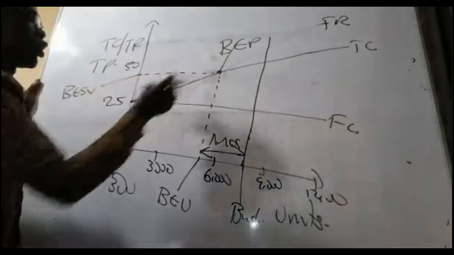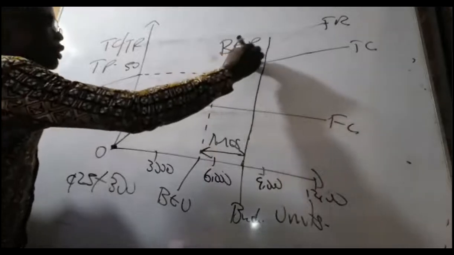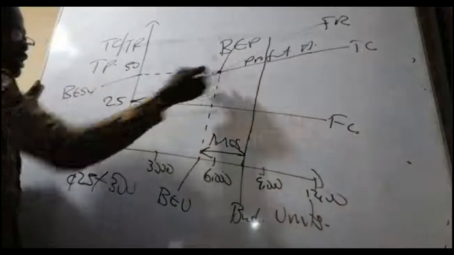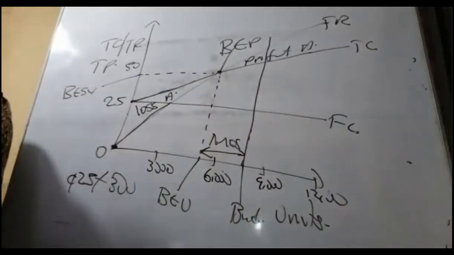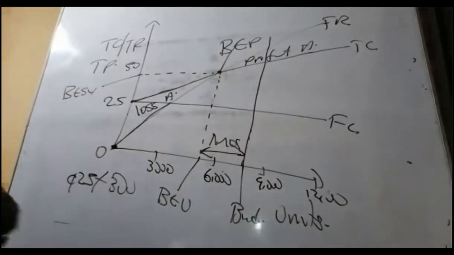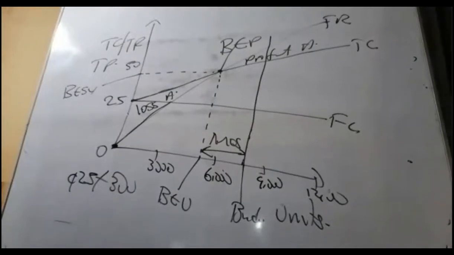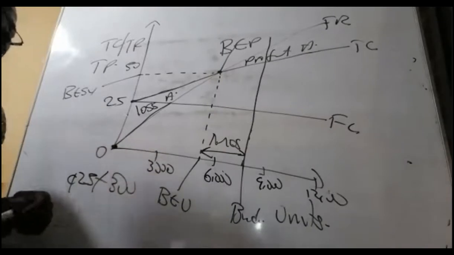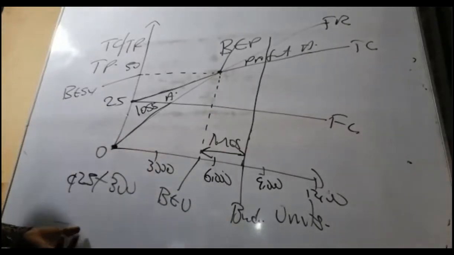Here is the profit area, from here going, where the total revenue starts to increase. This is a profit area because now the revenue is more than the cost. So now the company begins to make some profits. So that is it. We are done with the structure.